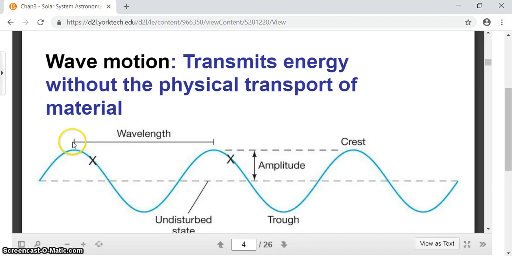The distance between successive parts of the wave, like from crest to crest, or from trough to trough, it doesn't matter, as long as one complete oscillation has taken place, is called the wavelength, and the symbol that we usually use is lowercase lambda, the Greek letter lambda.